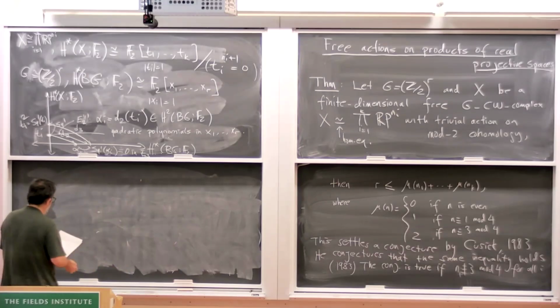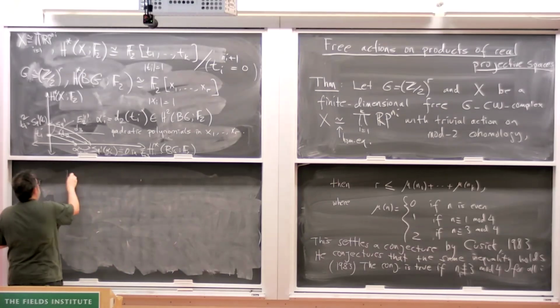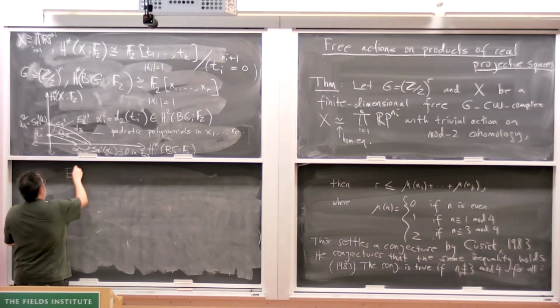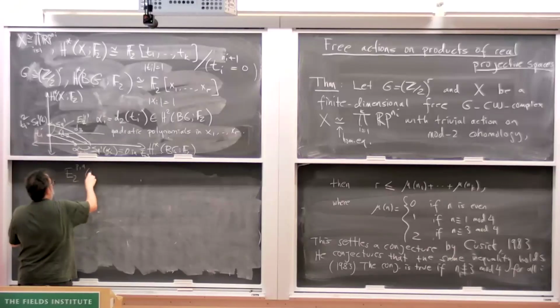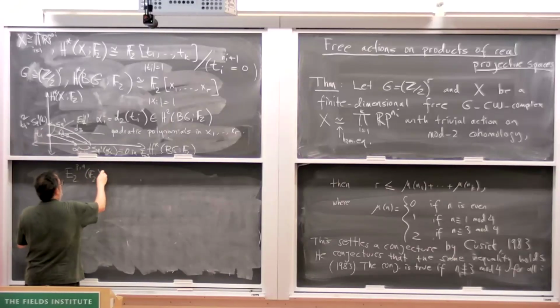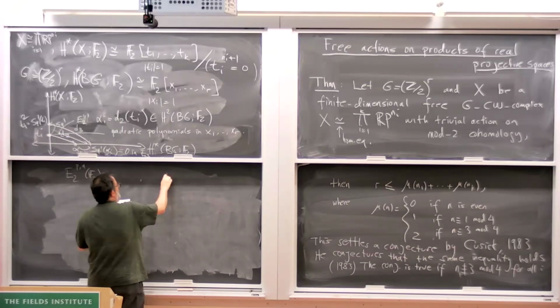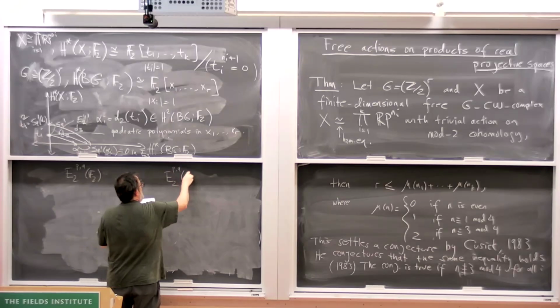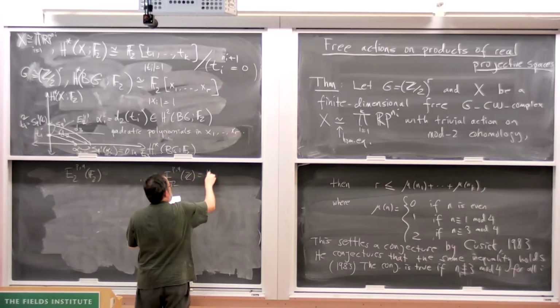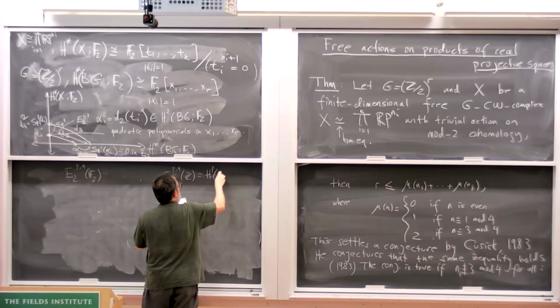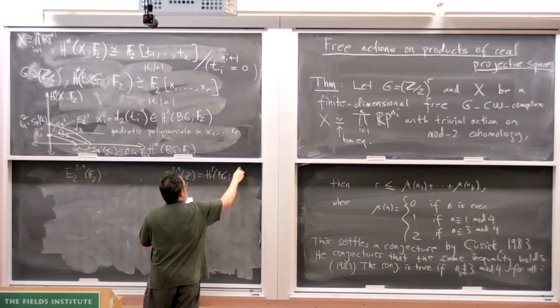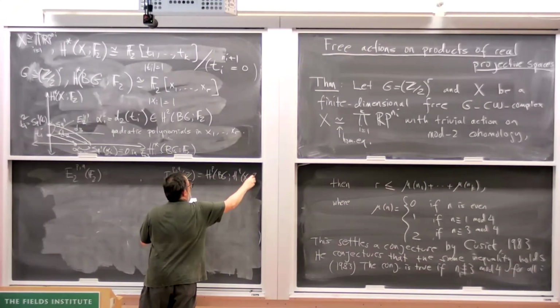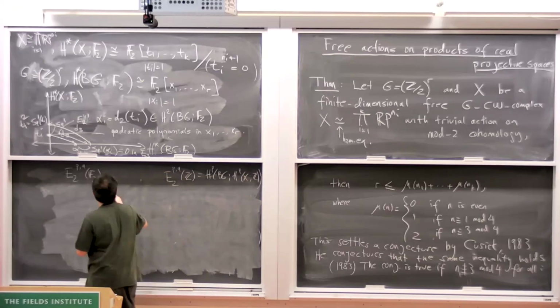So we compare two spectral sequences. One is F2 coefficient, and then the other is the integral one. This is actually all the pages, I will write the same way. This is F2.